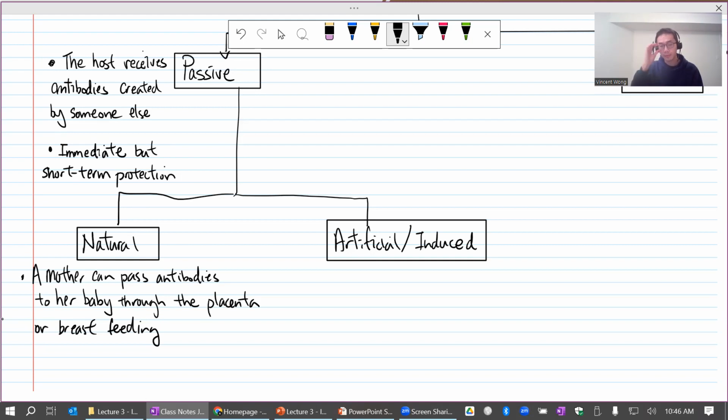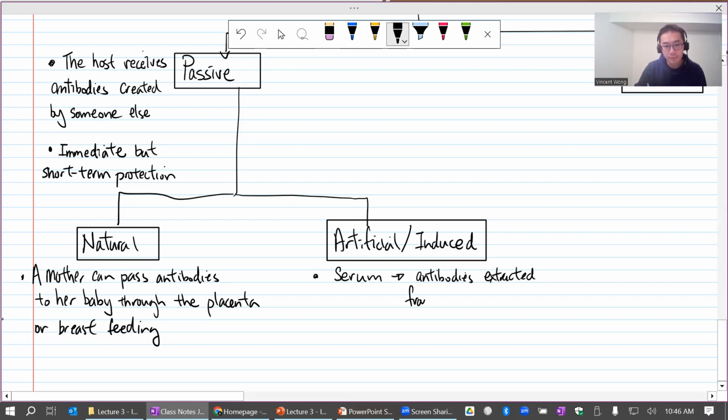All right. Next one is artificial or induced. An example of this would be a serum. What is a serum for? A serum is basically antibodies extracted from immune individuals.